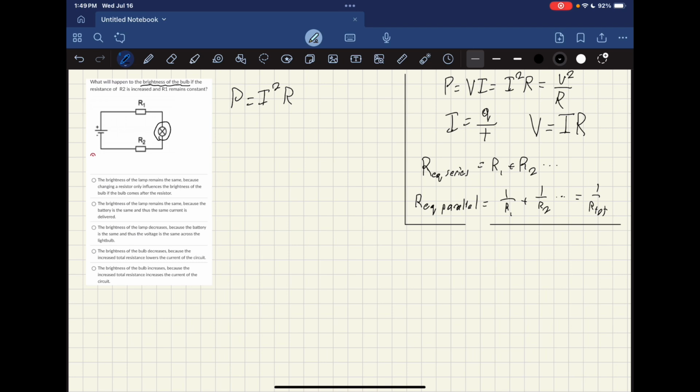So if the resistance increases, the brightness of the bulb will decrease. And the reason for this is because the current is also going to decrease, according to Ohm's law, which is V equals IR. The voltage can't change because the battery has a set potential difference, so the voltage remains the same.